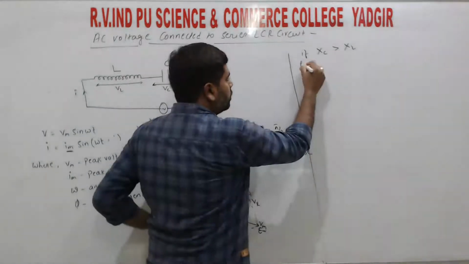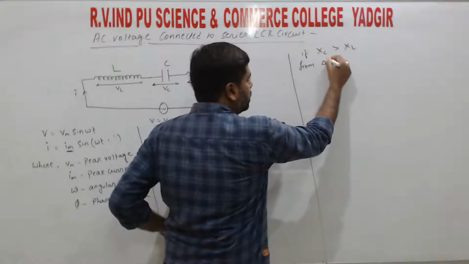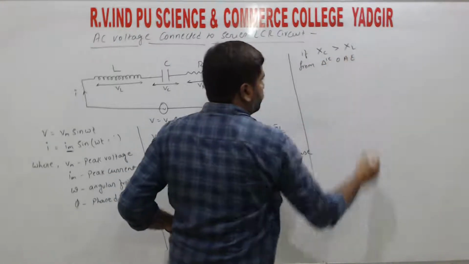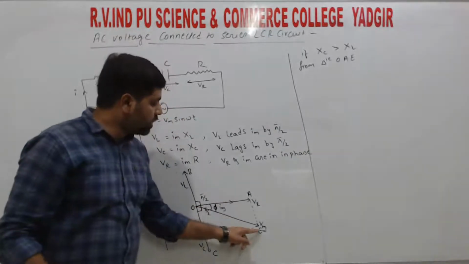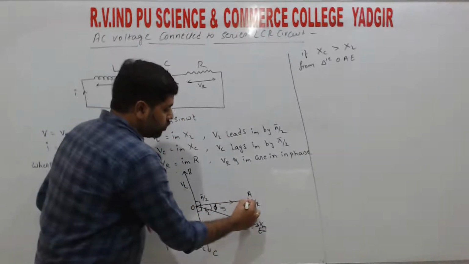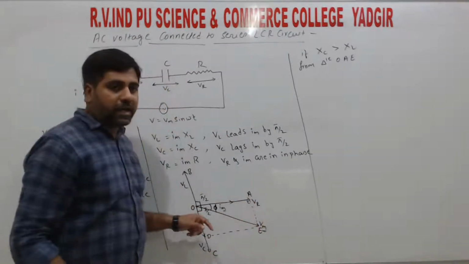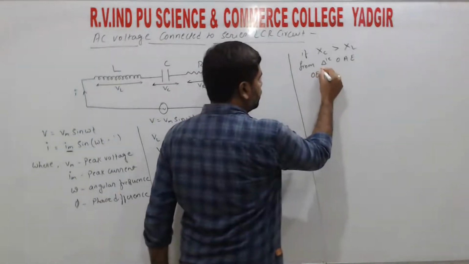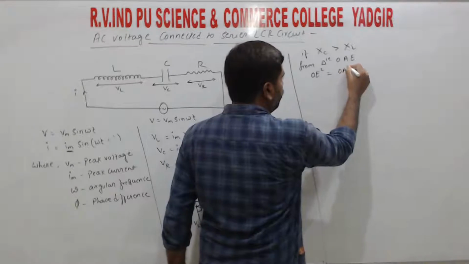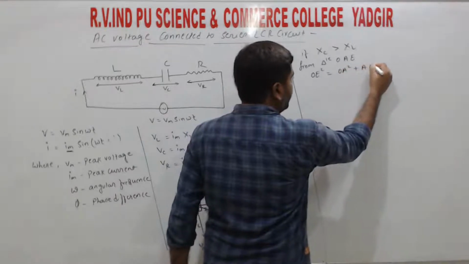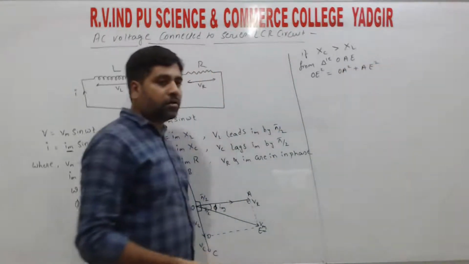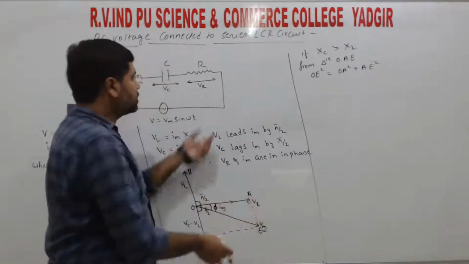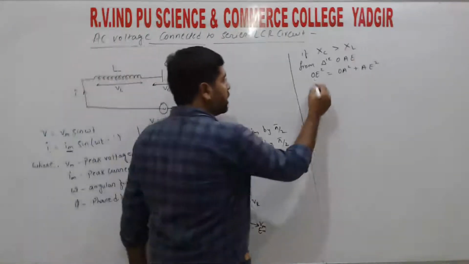So from triangle OAE, right? From this triangle OAE, here it gives the 90 degrees. So from the Pythagoras theorem, OE square is equal to OA square plus AE square, right? So OA represents the magnitude of the voltage across the resistor, right?